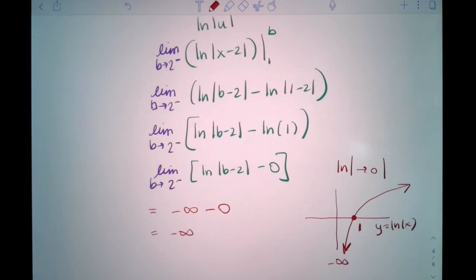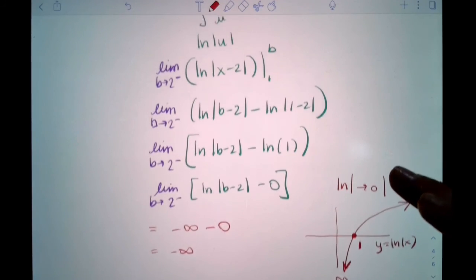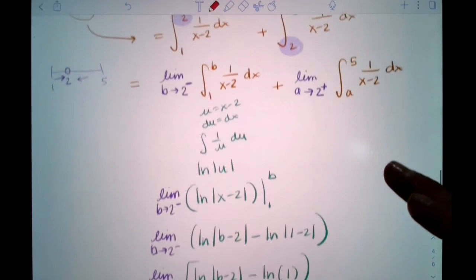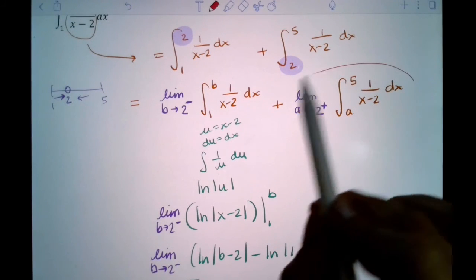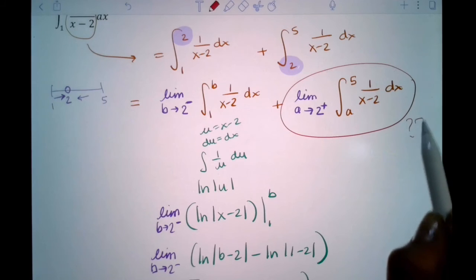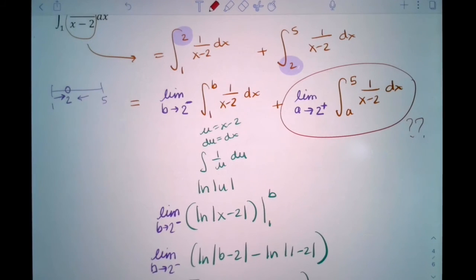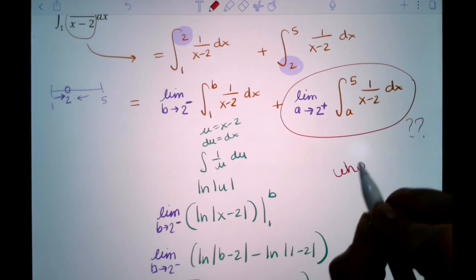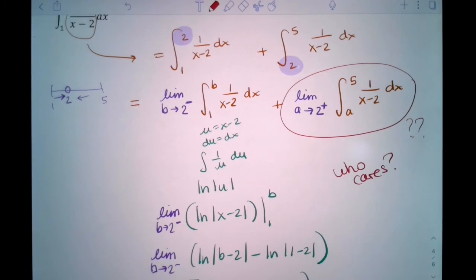Okay, so what you're going to say about this is you already have the nail in the coffin. You are done this problem, even though I didn't even attempt to work on the other half. What do I do with this? I didn't even address anything. Well, to be completely frank, who cares? You just figured out that the first part of your integrals diverges. There's no hope for the other one.